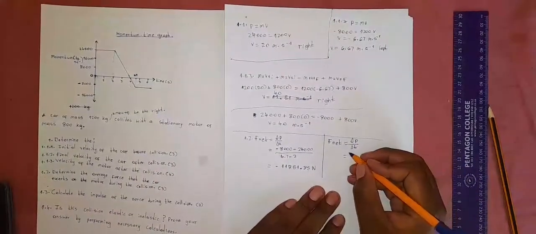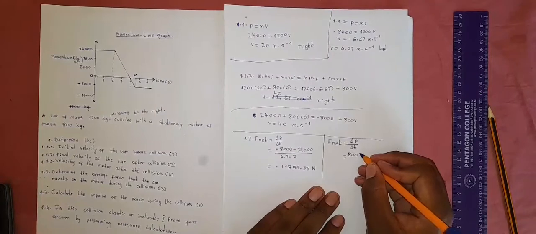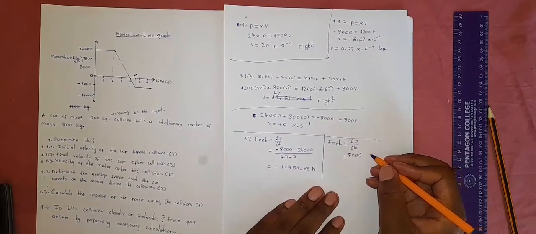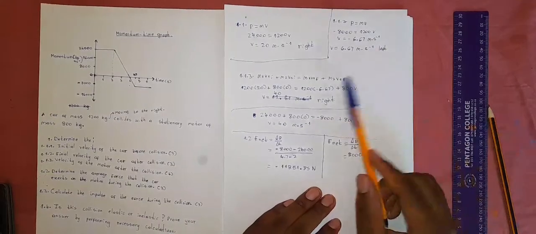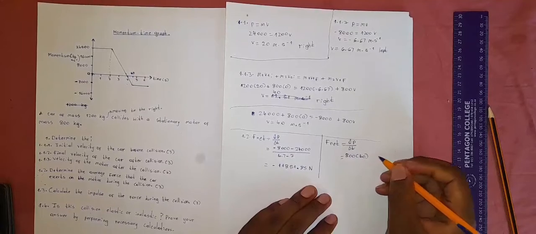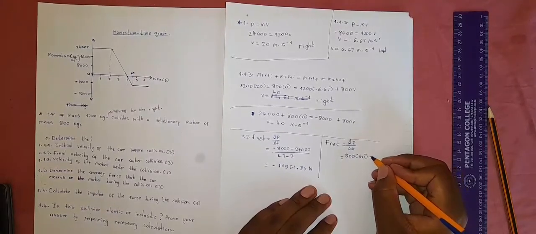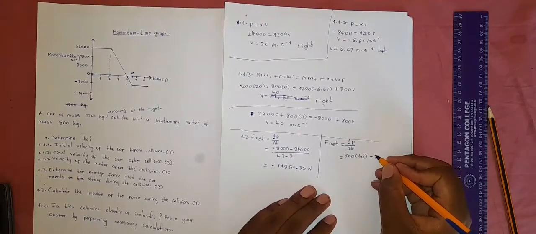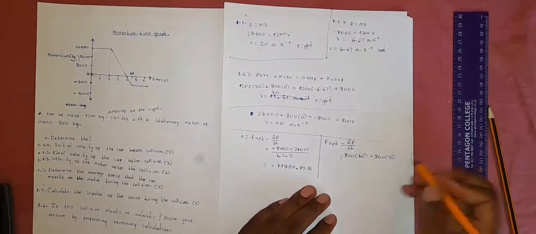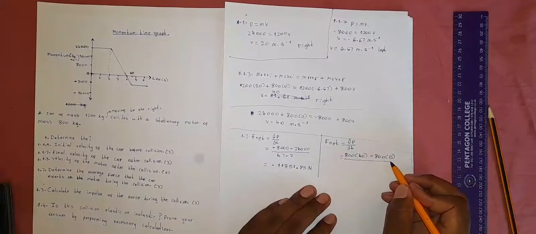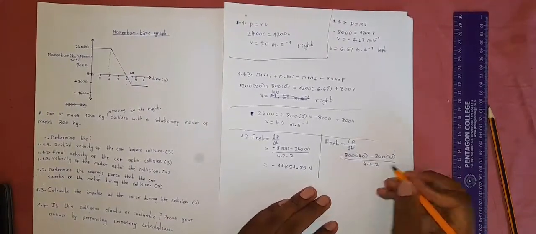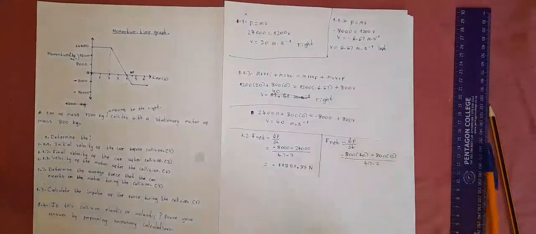We can calculate it by saying 800 into, let's say we calculated the velocity, of course it was 40, minus the initial momentum, it was at rest, so we'll put 0. The change in time will be 4.7 minus 2, or you can just say over 2.7.